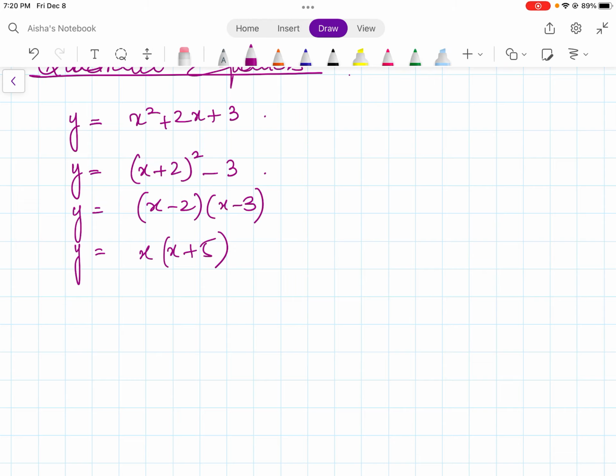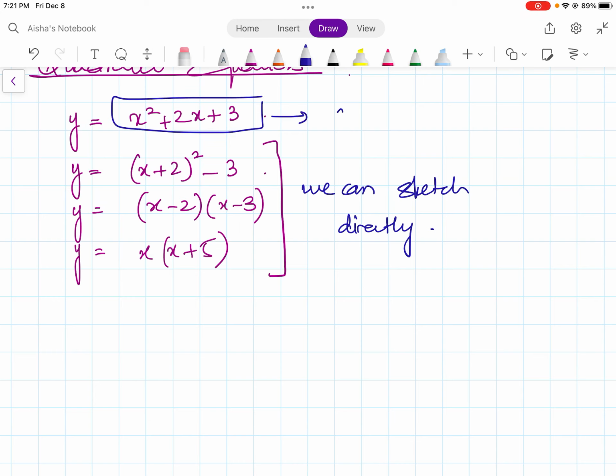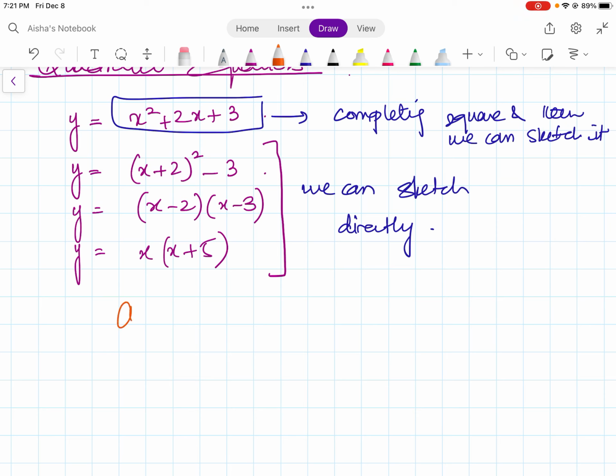Through this form we can sketch directly. But with this one we have to first change it into completing the square, and then we can sketch it. So basically, this is the completing square.